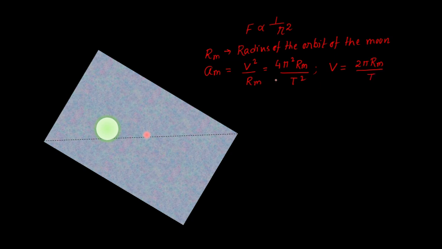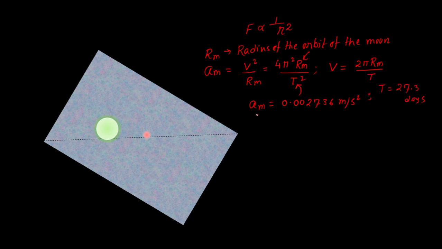Now, I have already stated that during Newton's time he already knew this t and this rm. If we put these values, then we get am equals 0.002736 meter per second square, with t equals 27.3 days.